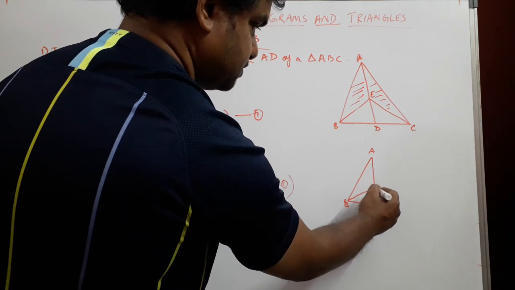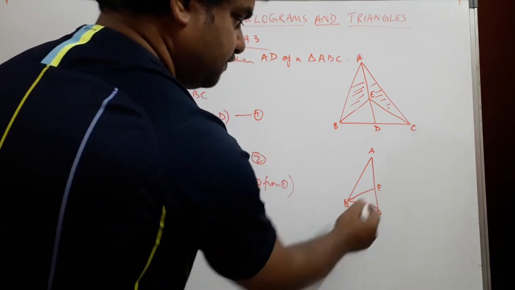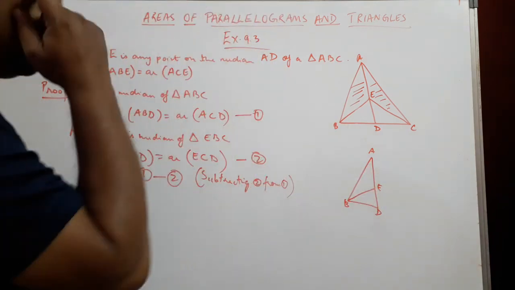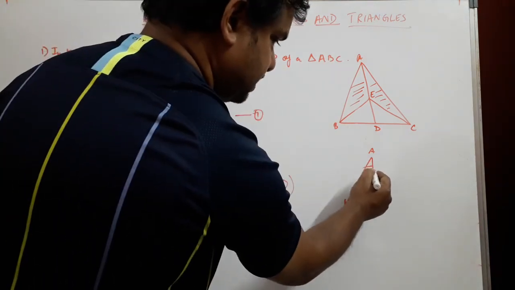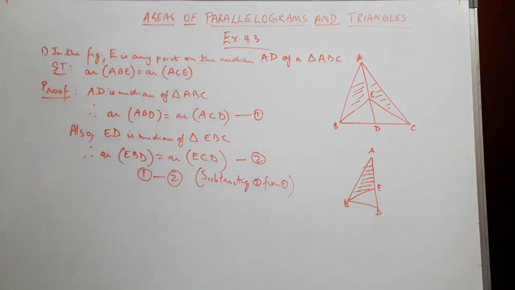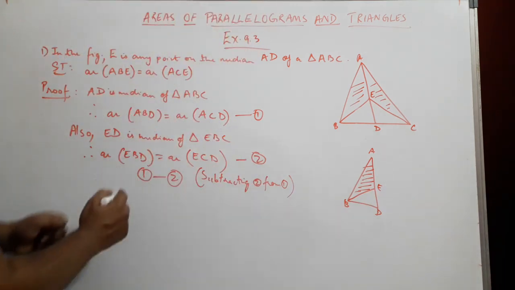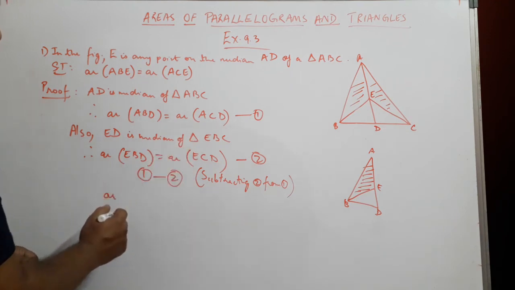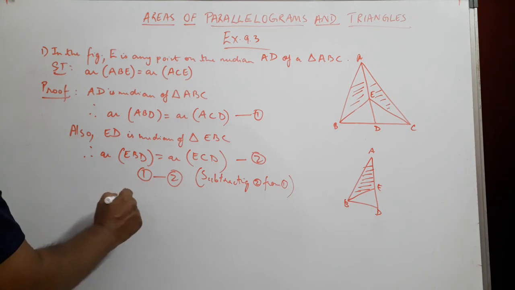If we take this part out, what will be left? This area, which is also a triangle. So the left hand side will be left with area of triangle ABE.